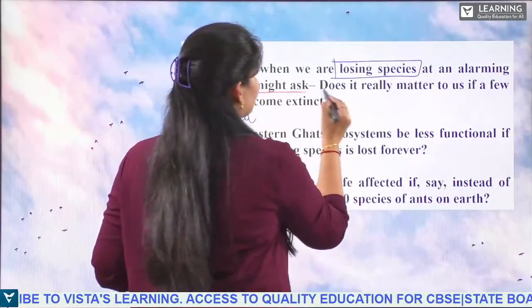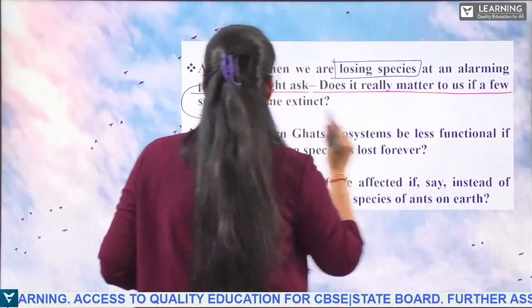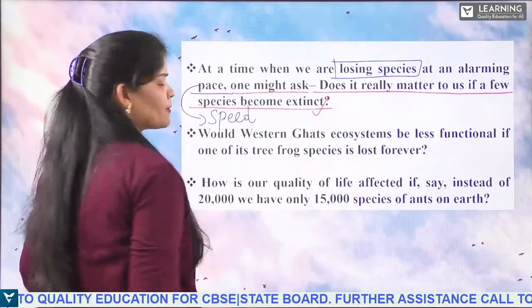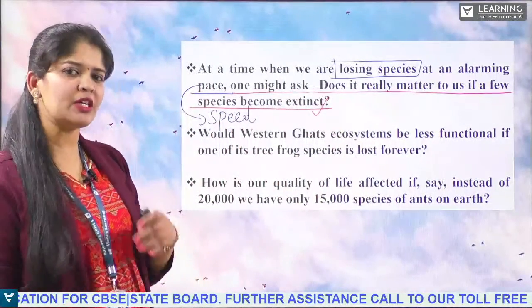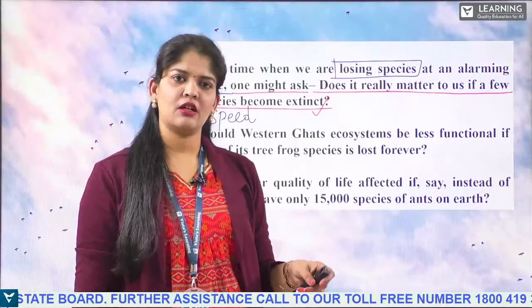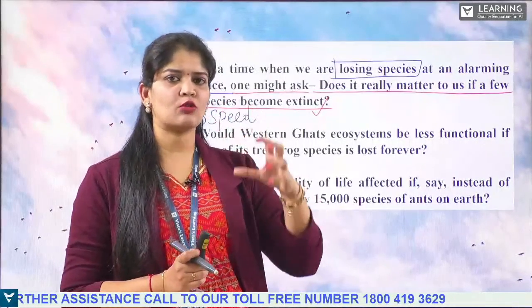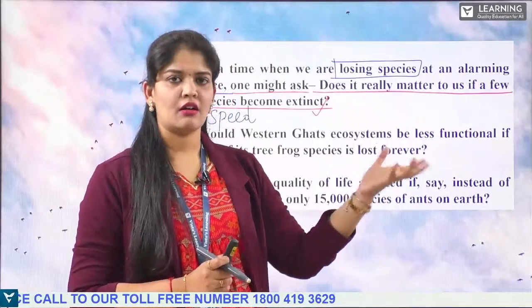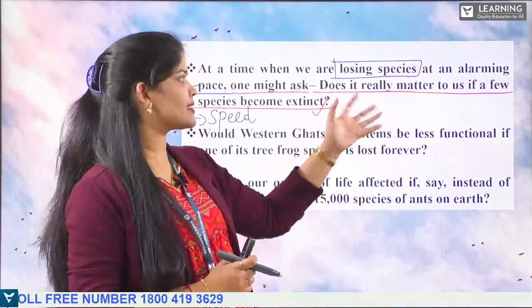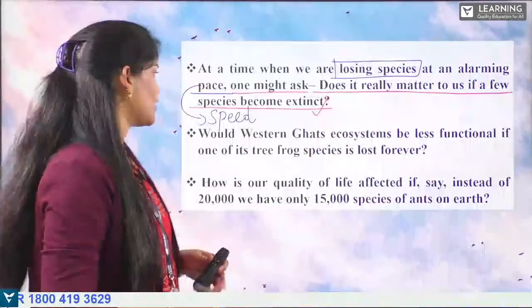One might ask, does it really matter to us if a few species become extinct? If one or two species become extinct, in what way are they going to influence the stability of the ecosystem or the biological community?